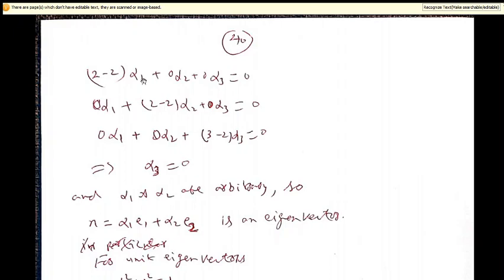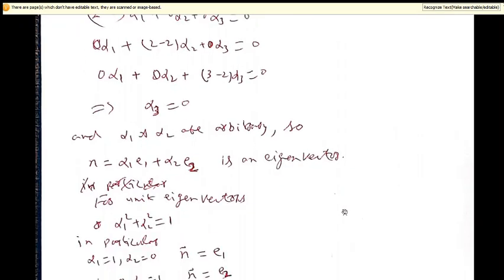So alpha 1 and alpha 2 are both arbitrary. What would be the eigenvector? It would be alpha 1 e1 plus alpha 2 e2 plus alpha 3 e3, and alpha 3 is 0. So we have alpha 1 e1 plus alpha 2 e2, any eigenvector lying in the plane x1 x2.